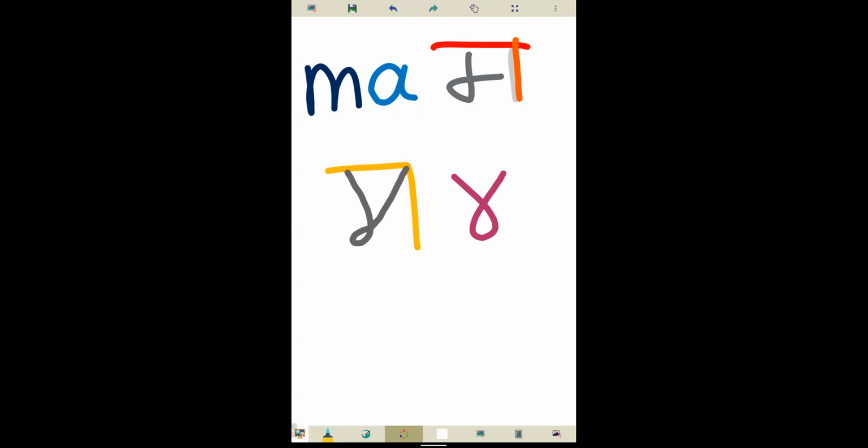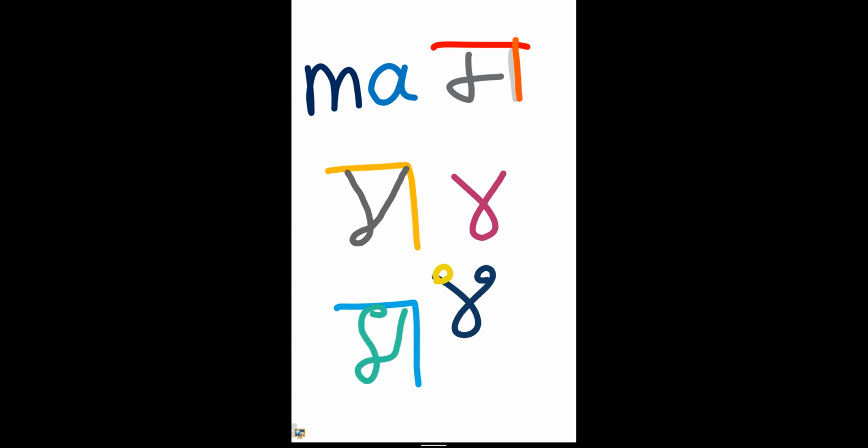You have the line, horizontal, vertical, then one slanting line, it will round and go up. Okay, but varieties of ma. This is also ma. This is also ma. Both sides will be like this ma. Please note down all the different types of ma in Nandinagari.